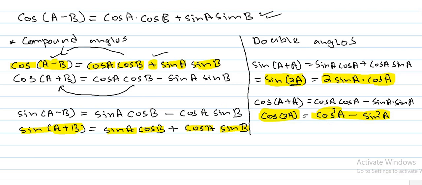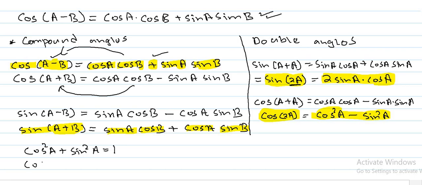But remember, because we have cos squared and sine squared, from our square identity, let me express this in terms of A, the double angle. We said cos squared A plus sine squared A is equal to 1.